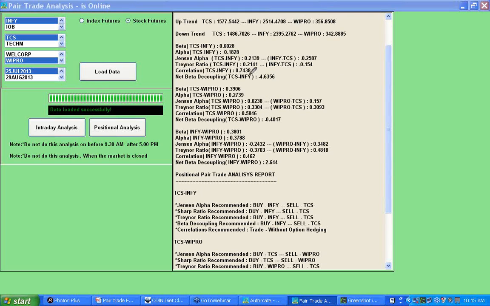See here, we have just a 0.7438 correlation, below 0.75. I will tell the pricing part, and you can do it with option hedging also. So I'll move into that part.